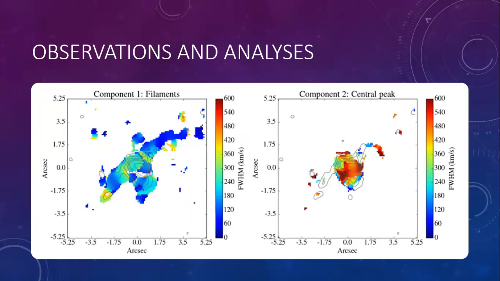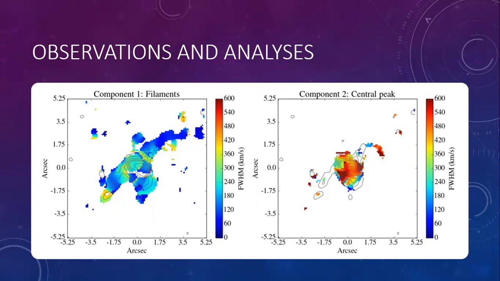Also, on this page, the filaments component has narrow full width at half maximum values around 100 to 200 kilometers per second, while the central peak component on the right-hand side has much higher full width at half maximum values around 300 to nearly 600 kilometers per second.